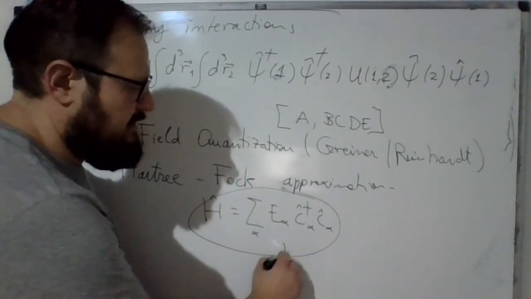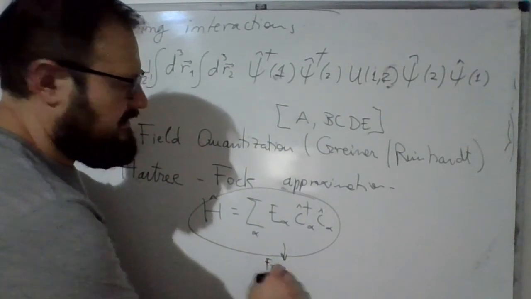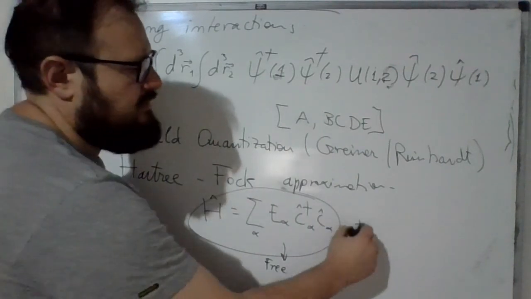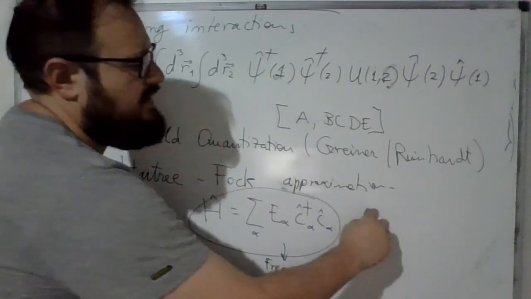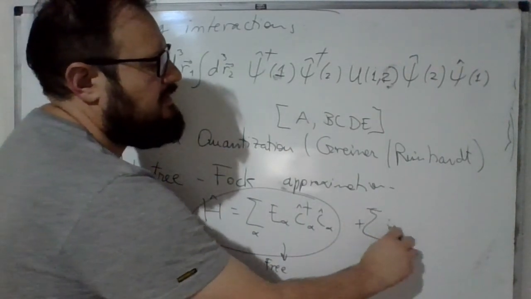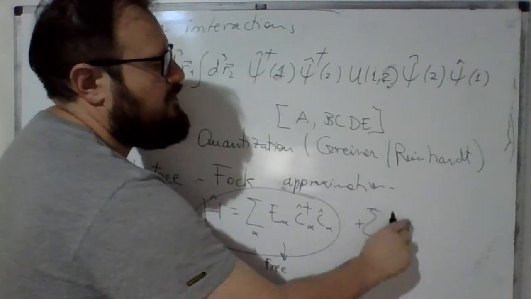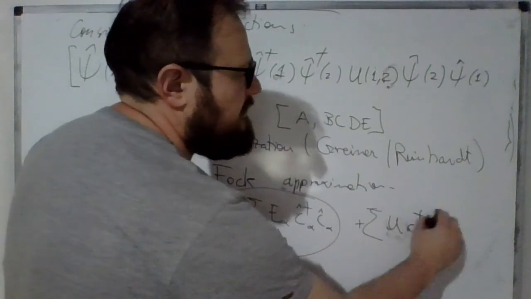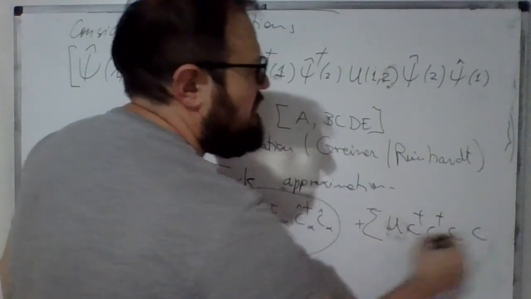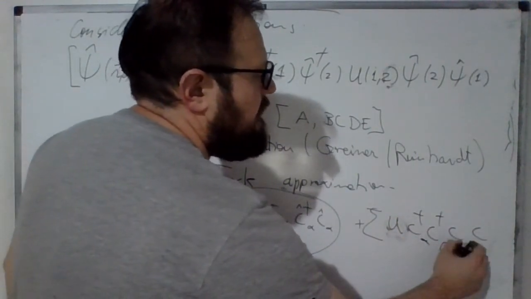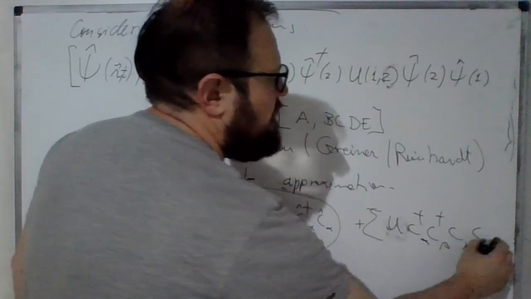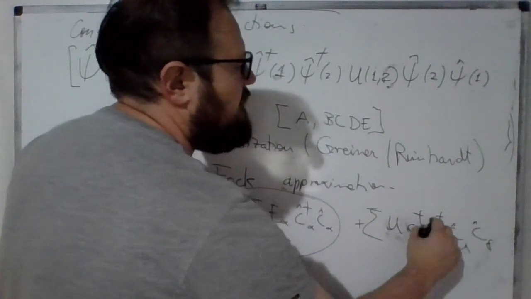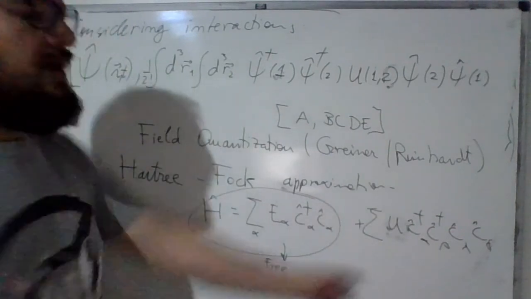This is a free case, free particles, but you also have eventually the interactions here. So some U's, okay, with c dagger, c, alpha, beta, lambda, delta here. You have operators, products of operators.